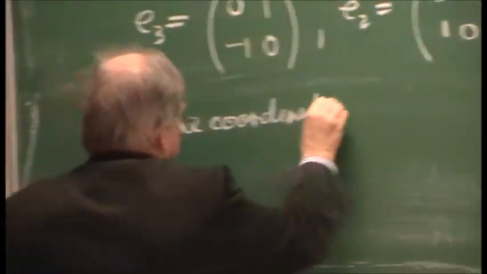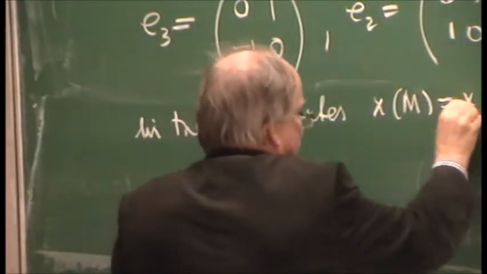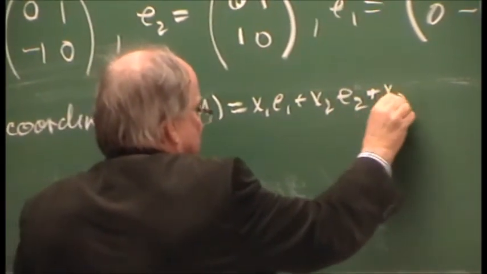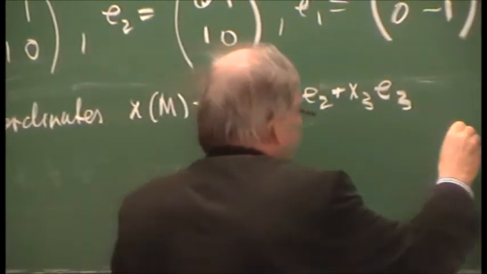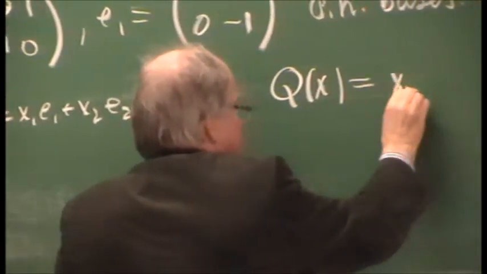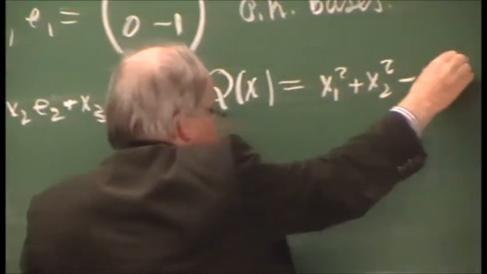Everything is real. Let me write it in coordinates. In the coordinates here, x of a matrix equals x1 e1 plus x2 e2 plus x3 e3. So the quadratic form is x1 squared, and so on. This is the perfect thing.